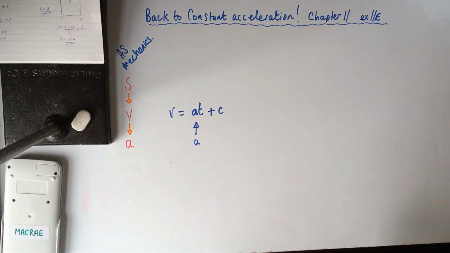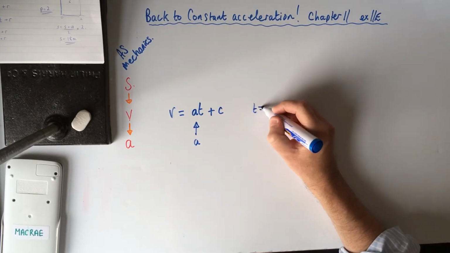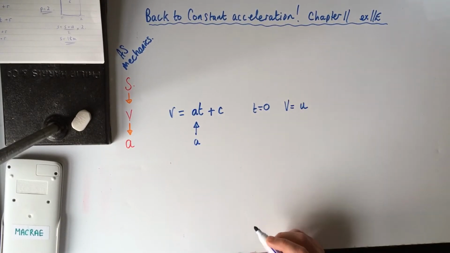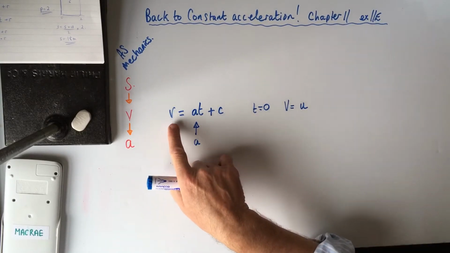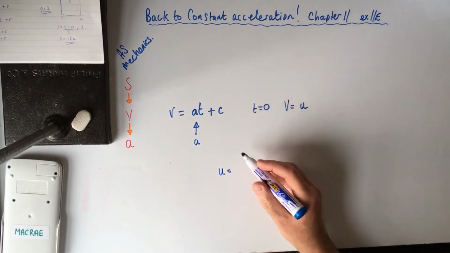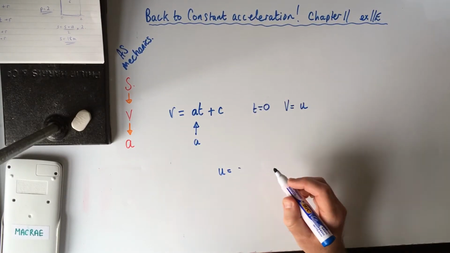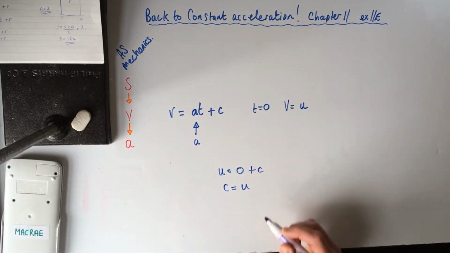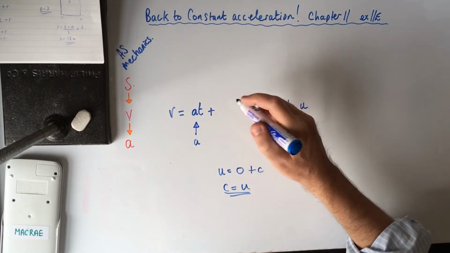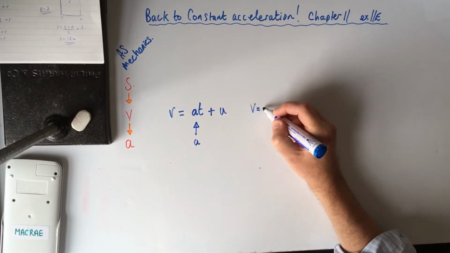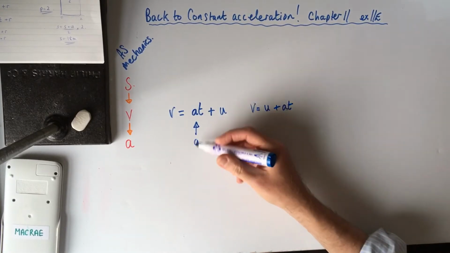But we also know that at t equals 0, right at the very start, the velocity is equal to the initial velocity. So if we put t as 0 and v as u in there, we get u equals 0, because t is 0, plus c. So c is the initial velocity, and we can change this for u. Putting all that together, v is equal to u plus at, and that's what we have for constant acceleration.